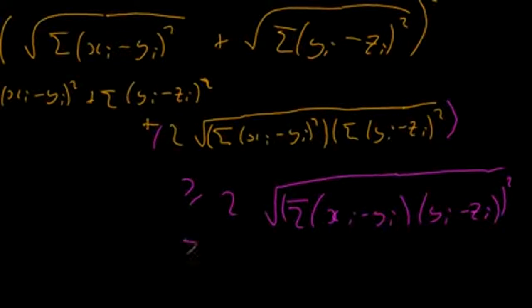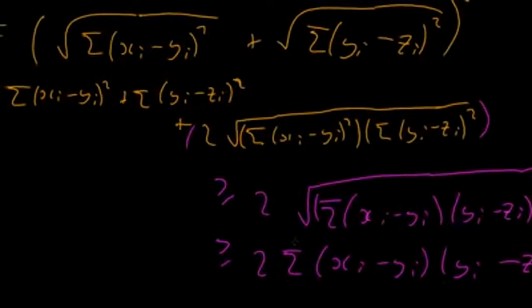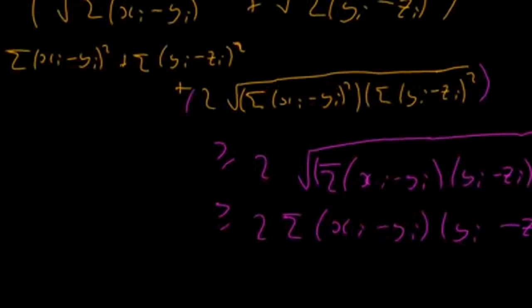This is greater than or equal to 2 times the sum of xi minus yi times yi minus zi. And now we can just factorize the sum out of this expression essentially.